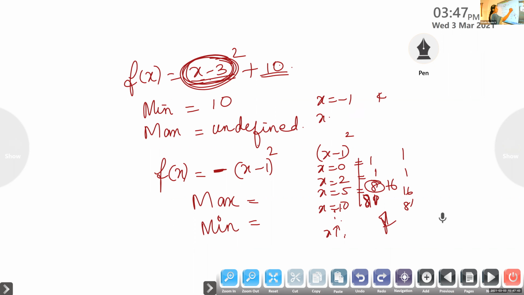When x is 0, we calculated it is 1. So when x is 1, you will get 0. Now tell me, what is the least value for this function (x - 1)^2?